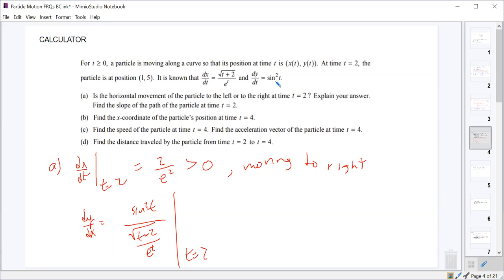So dy dt is the sine squared of 2. And then the e to the t will come up to the top and become an e squared over the square root of 4, which is 2. Your calculator will tell you what that value is. It looks like it comes out to be 3.055. Everybody good there with part A?